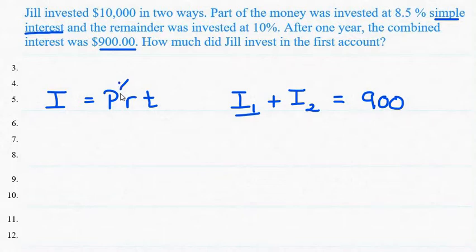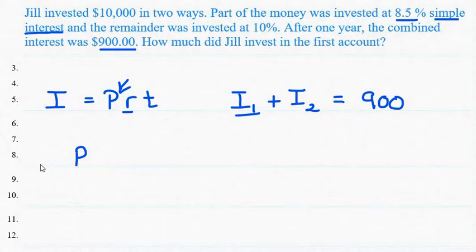This is the unknown. We don't know how much Jill invested. So that's going to be our unknown, and we'll just label that as P. The rate, however, is known, and it's 8.5%.